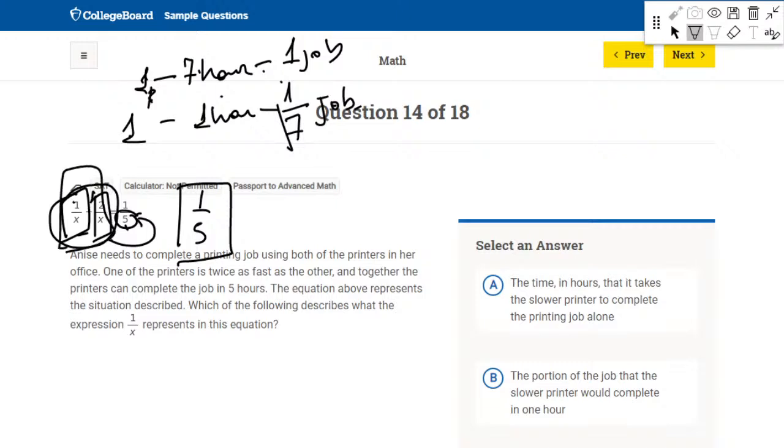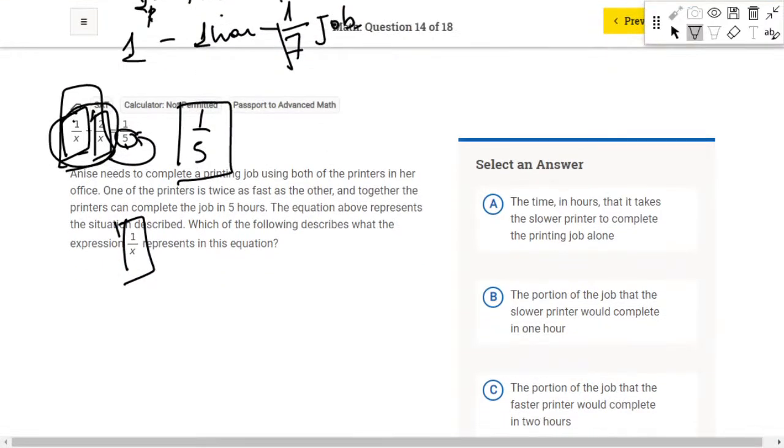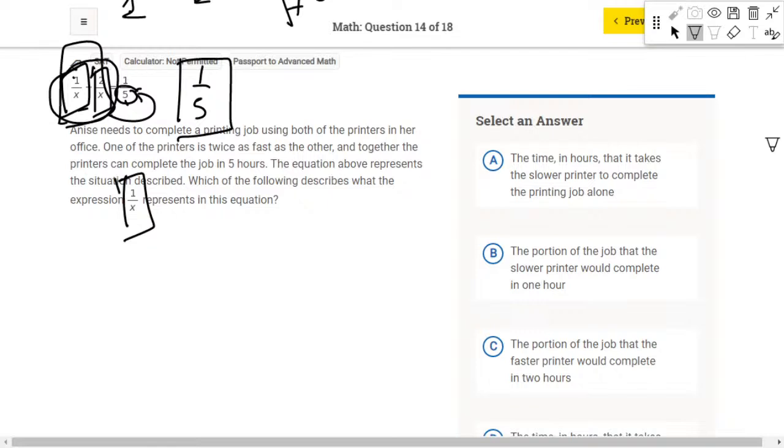So 1/x represents the proportion of the job the first, or slowest, printer does. So the time in hours that it takes the slower printer to complete the printing job alone, this is actually x.